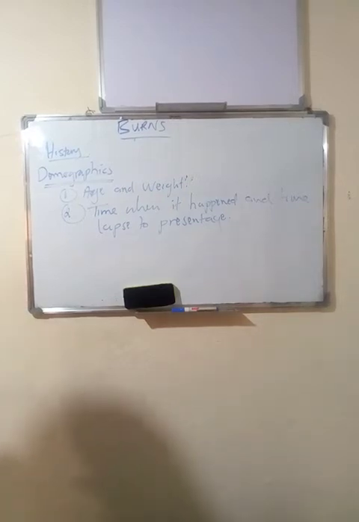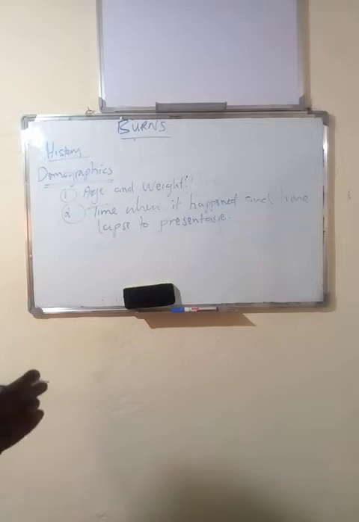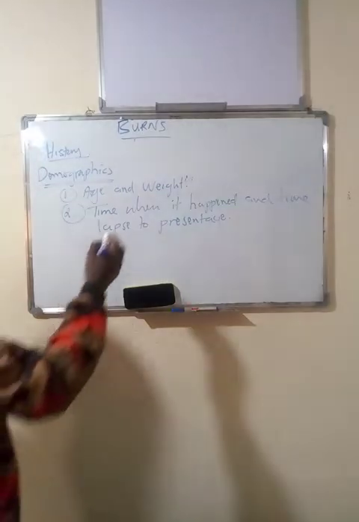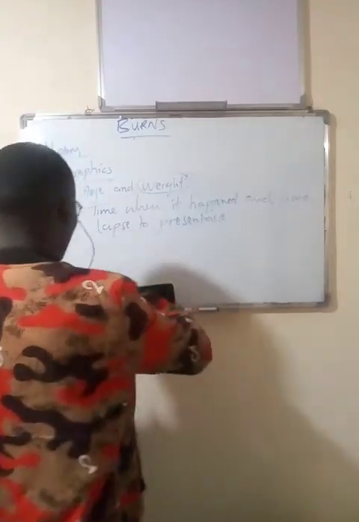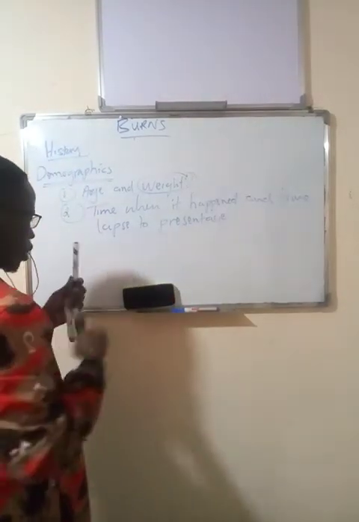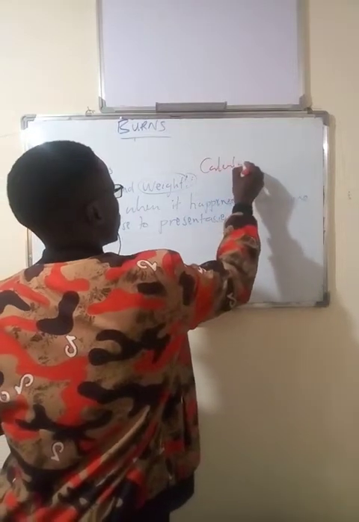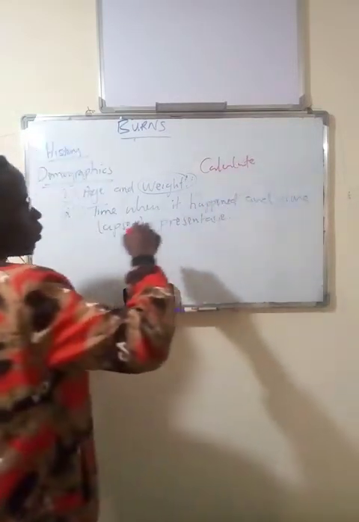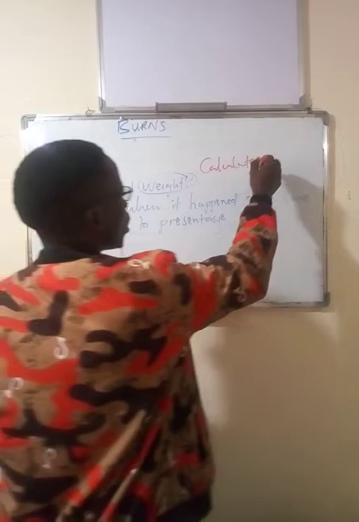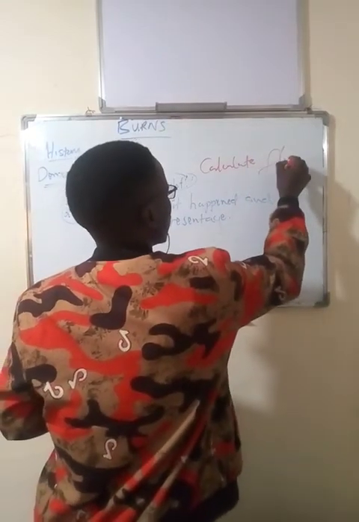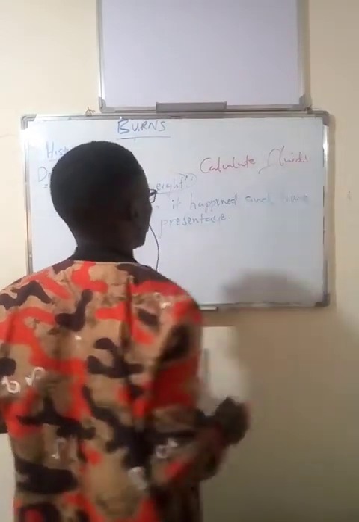Now, this is very, very important. These two things are very important because the weight is what is going to help you calculate the fluids, the amount of fluids to give.